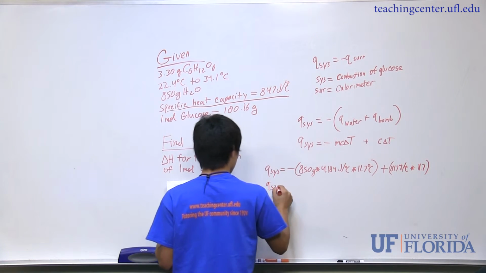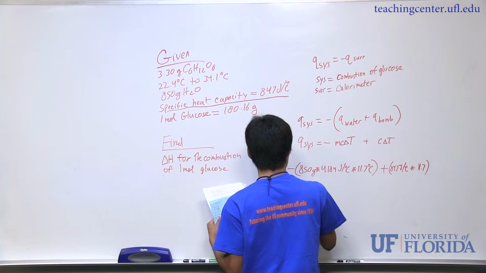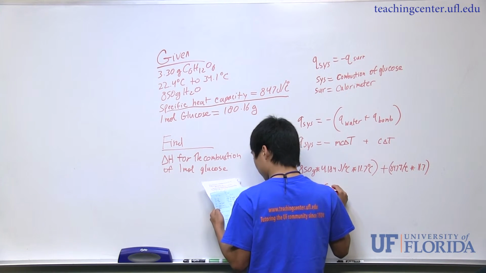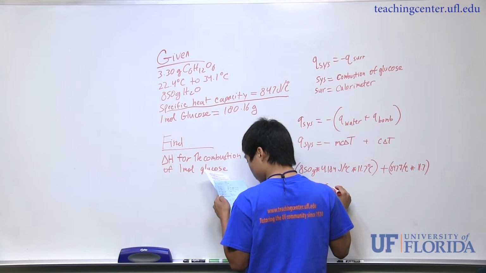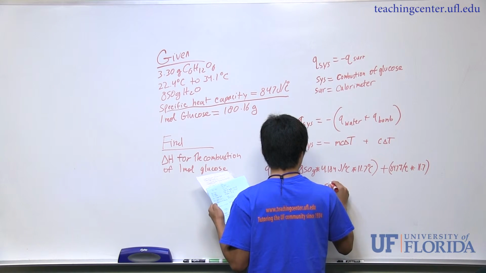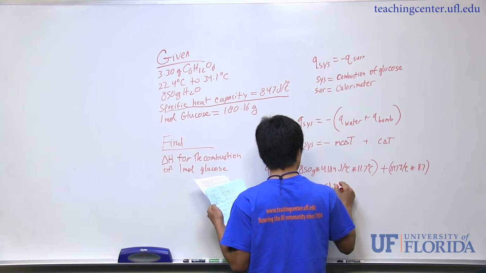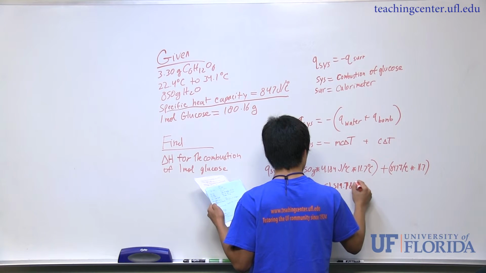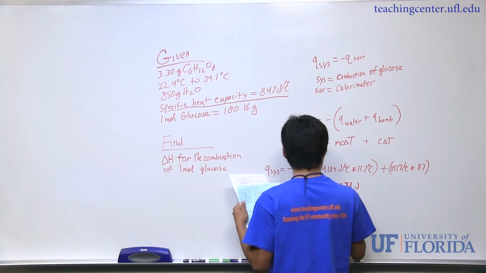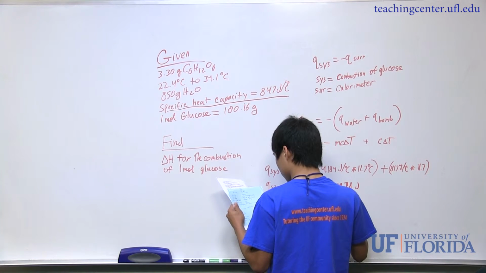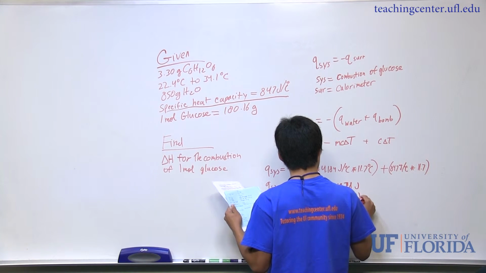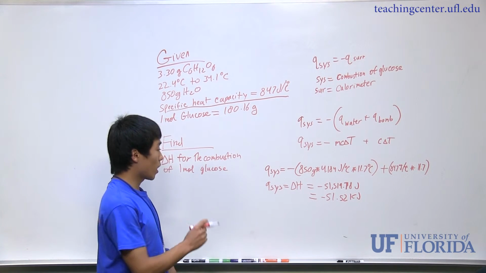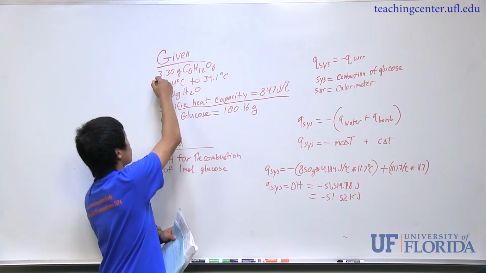And so my Q system, or my enthalpy, which equals delta H, should equal negative 51,519.78 joules, I'm sorry, I apologize, which would also equal negative 51.52 kilojoules.